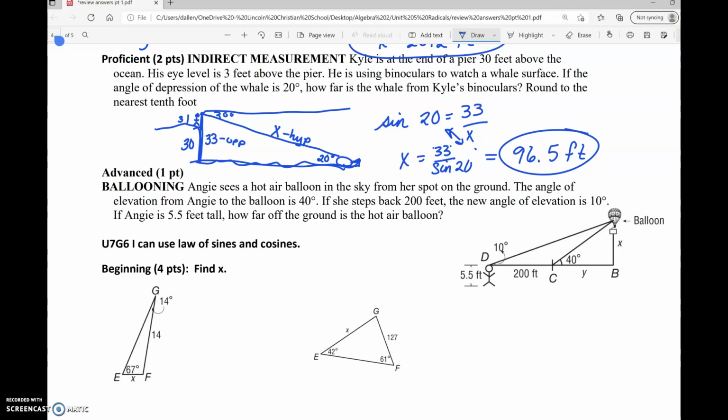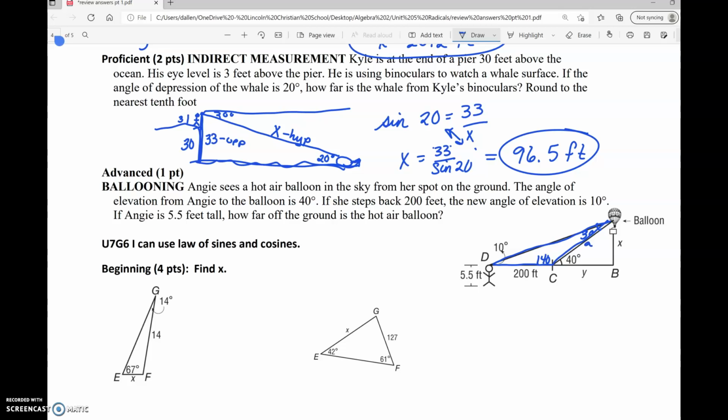Some people use law of sines, which works totally, because basically if I can find this side, then I can find these two pretty easily. So with law of sines, this is 10 degrees, this is 140 degrees, so we have 150, which makes this angle 30. We're just looking at this one and we're going to find this part right here, because that helps us find the rest.